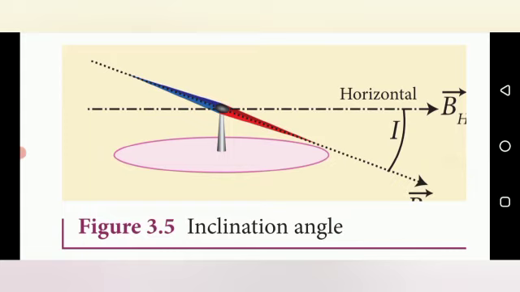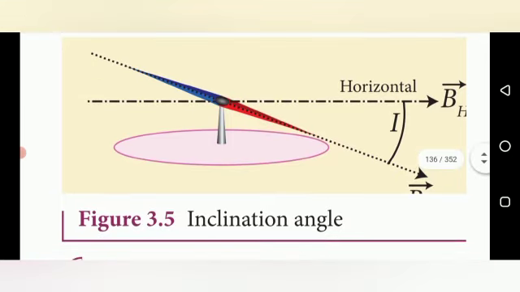Here we have to split it into two components. For the resultant of these vertical and horizontal components, the two components are formed: BH is equal to BE cos I, and the vertical component BV is equal to BE sin I. So BE, the net Earth's magnetic field, can be split into two components, BH and BV.